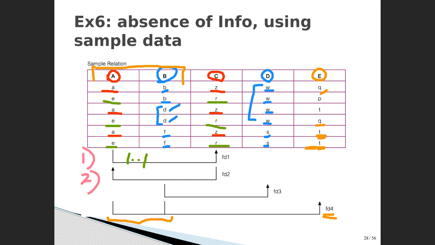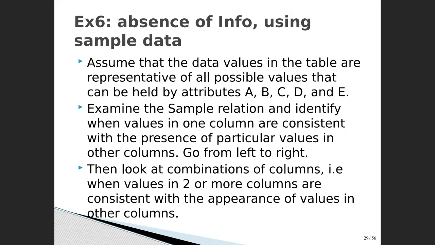Now, how many functional dependencies did we find? We found 4 functional dependencies in this sample relation, based on the relationship between attributes. This will differ based on the user requirements and enterprise information. Again, it's your decision.